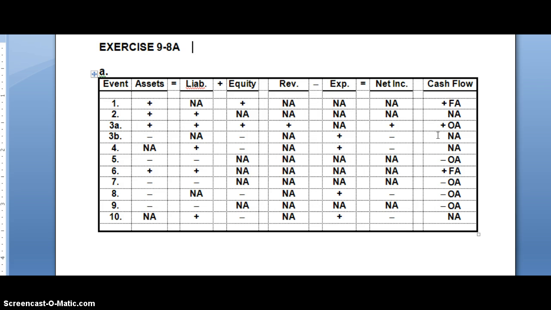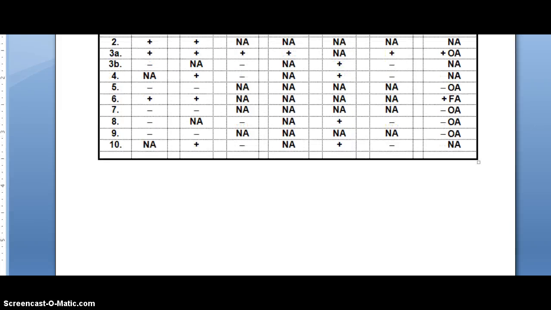We look at number 4. Provide a 6-month warranty on the merchandise sold.